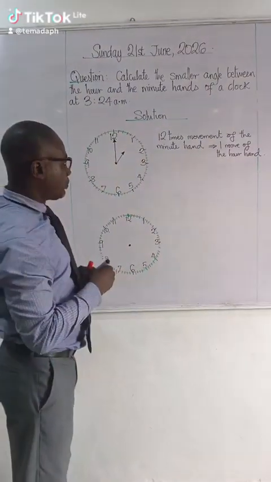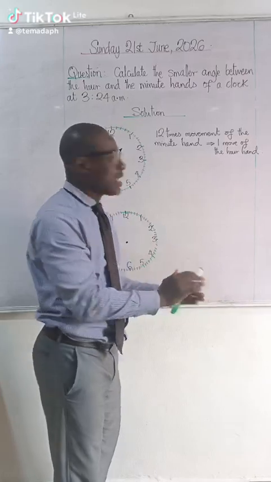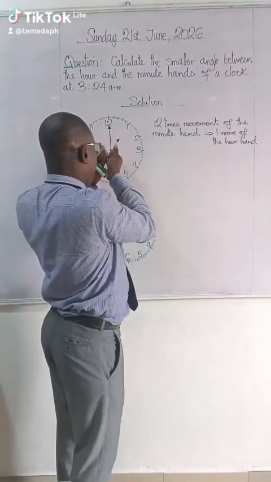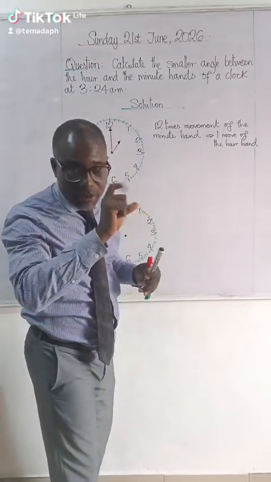If the minute hand moves 12 times, that's for every 12 minutes, the hour hand ticks once.